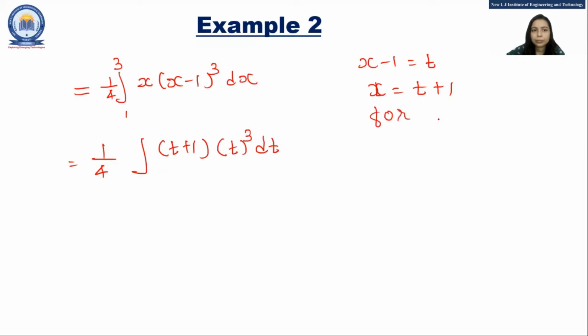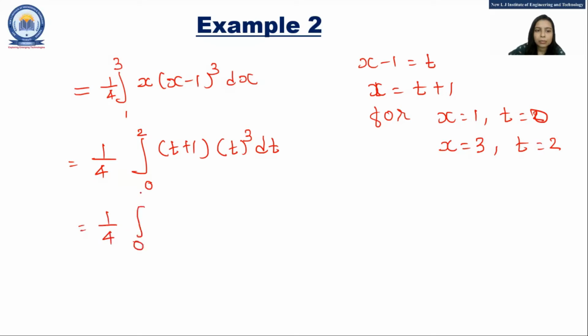Now for x equal to 1, t would become 0, and for x equal to 3, t would become 2. So the lower limit is 0 and upper limit is 2. So 1 by 4 integration from 0 to 2 of t raised to 4 plus t cube dt.